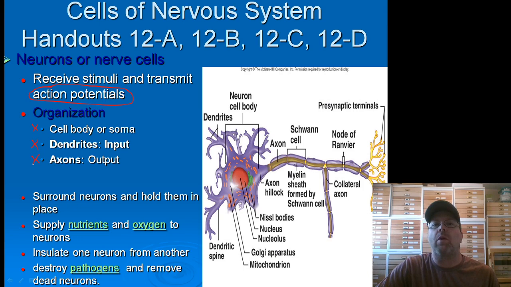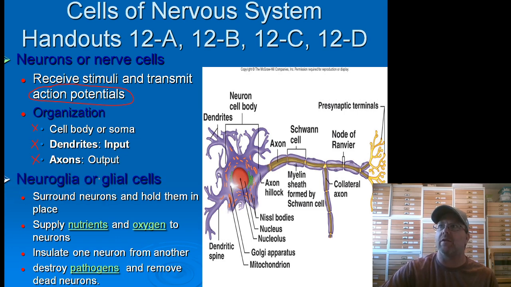Now we're going to go into the other types of cells, and they're called neuroglial or glial cells. Neuroglial or glial cells are going to be doing all those other jobs that the nervous system may need. So it says they surround the neurons, they hold them in place. They're going to supply them with things like nutrients, oxygen. They're going to be insulators.